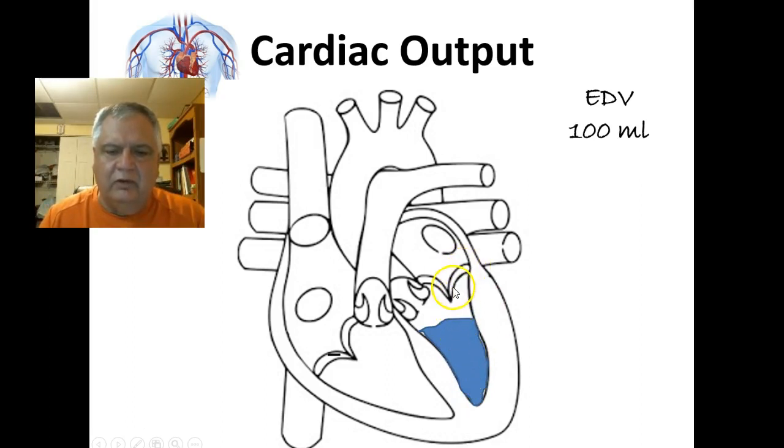That pressure is going to snap this atrioventricular valve shut, the mitral valve, the bicuspid valve, and that's going to divert the blood here up through this valve, the semilunar valve of the aorta. It'll pass through the semilunar valve and into the aorta. So there we can see blood has been ejected out.